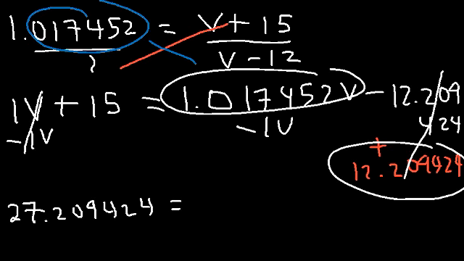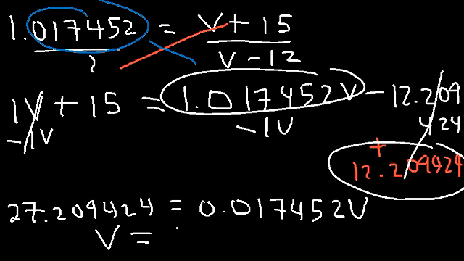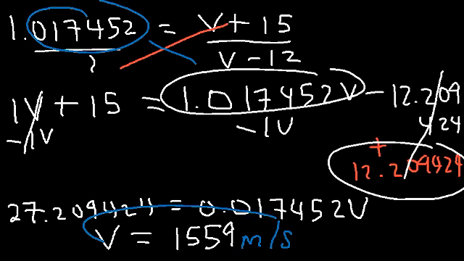And this number minus 1 is going to be 0.017452 times V. So now let's divide both sides by this number. 27.209424 divided by 0.017452 is equal to 1,559. So in this particular problem, this is the speed of sound in seawater.